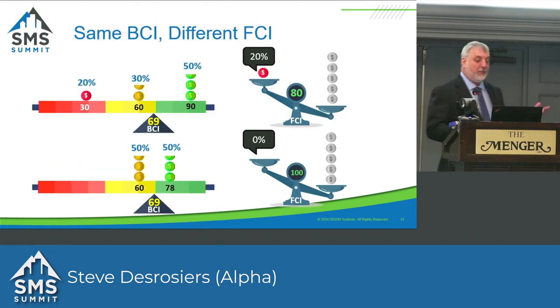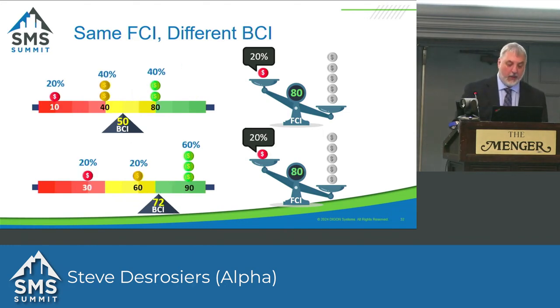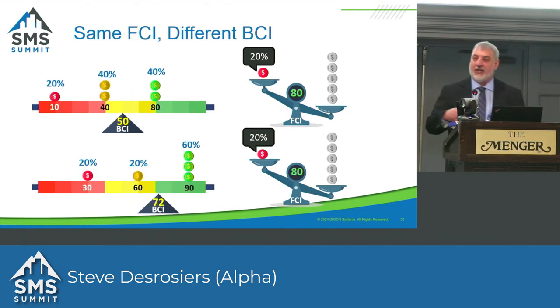So it is possible to have the same BCI and different FCI. So here we go. We have BCIs of 69, but one FCI of an 80 and one FCI of 100. Does that make sense? And of course, you can have the same FCIs and totally different BCIs.